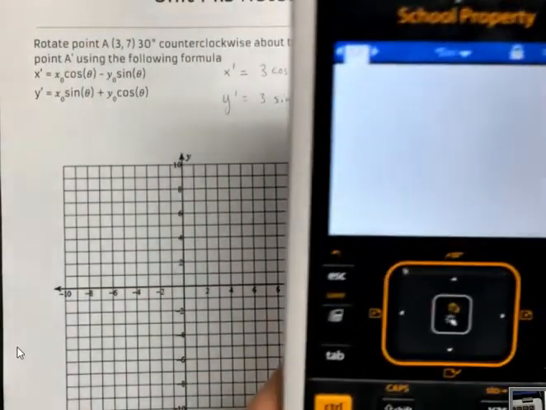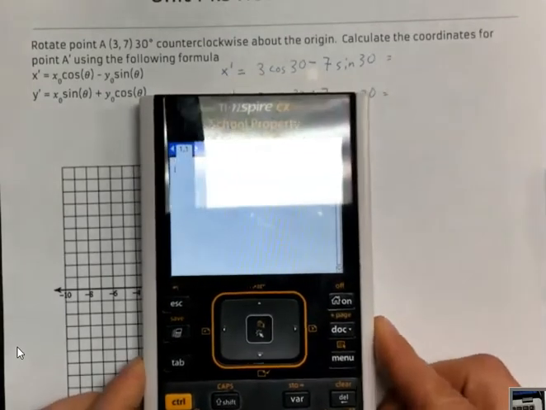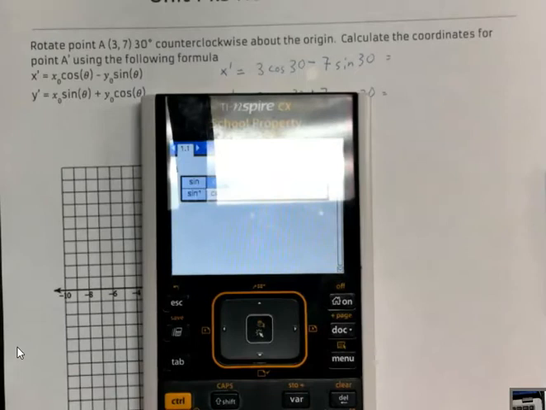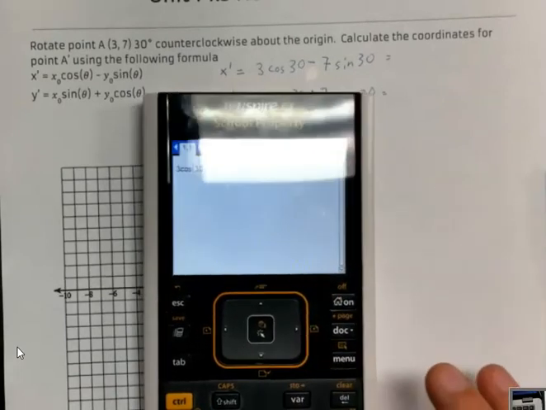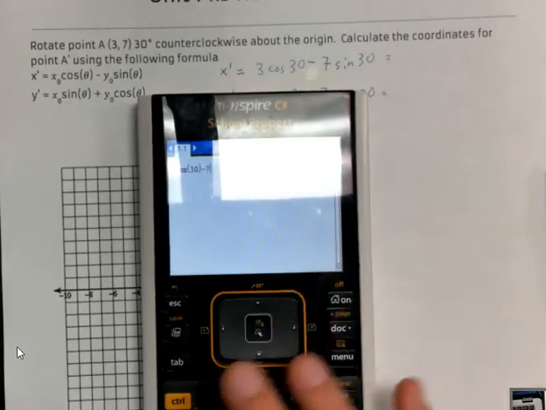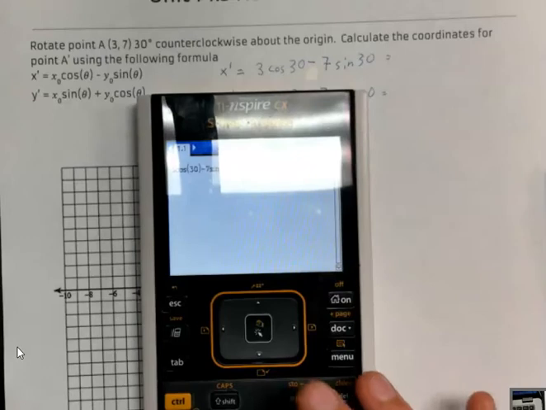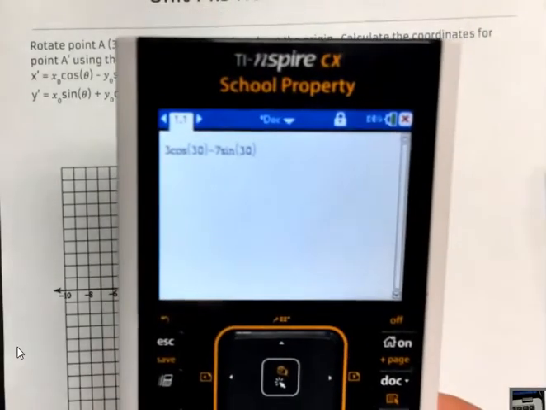So into my calculator, I should put everything the way it's listed there. So 3 cosine 30 minus 7 sine 30. So in your calculator, you should have this equation right there.